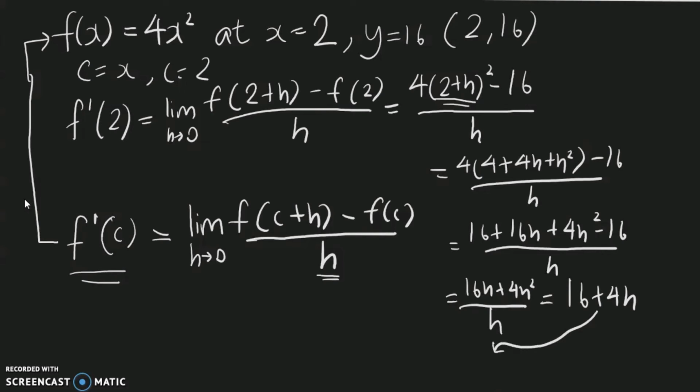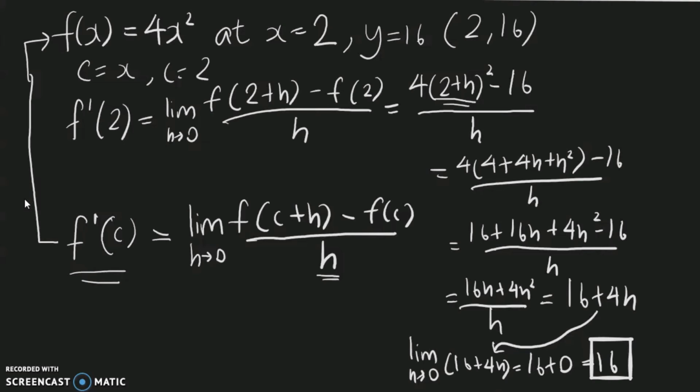Since this is broken down, I'm going to find the limit of this reformed function. The limit as h approaches 0 of 16 + 4h, which if we substitute 0 inside 4h, we get 0. So 16 + 0 is equal to 16.